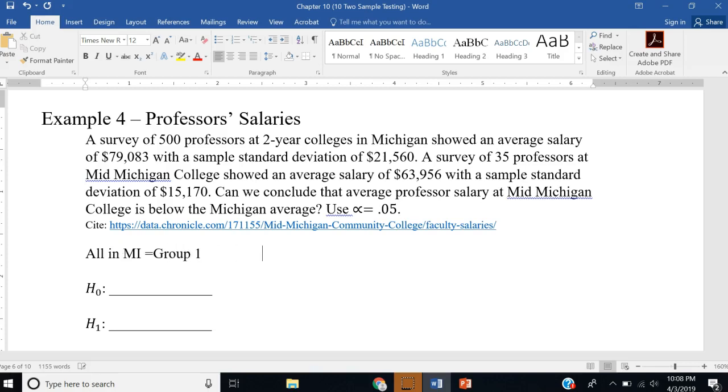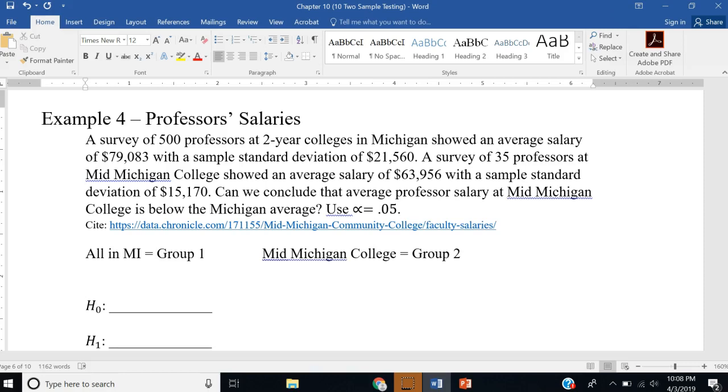And then I'm going to call Mid-Michigan College professors there group 2. All right. Again, I just write that down so that it helps me when I start putting things into my calculator and doing all that kind of stuff.